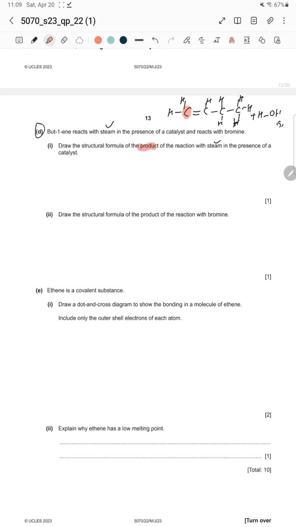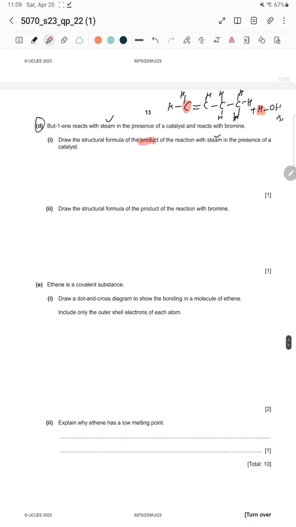According to Markovnikov rule, the rich becomes richer. So the final formula for the product will be: here you will write C, single bond C, OH, here will be 3H and then H, then C, H2, CH3.